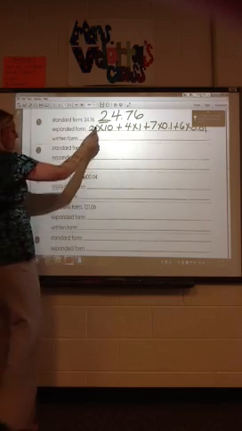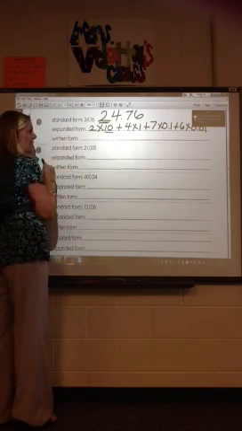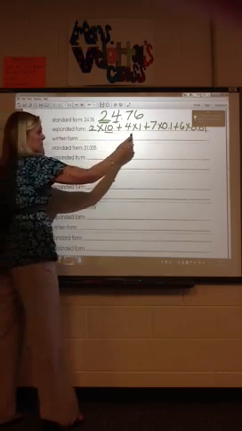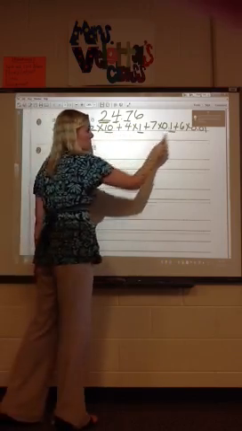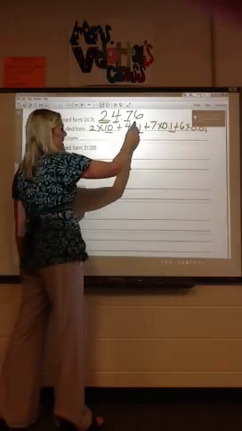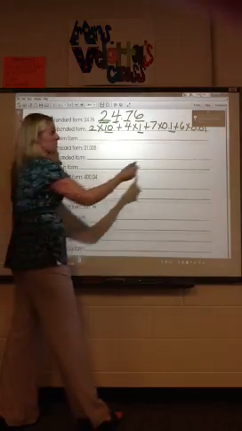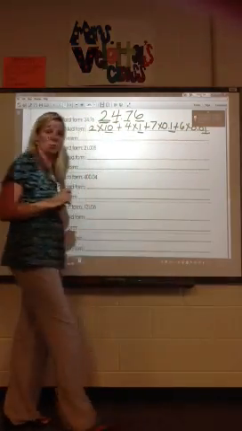Again, notice, when we're in the tens place, we multiply by 10. When we're in the ones place, we multiply by 1. And when we're in the tenths place, we multiply by 1/10. And when we're looking at the hundredths place, we multiply by 1/100.